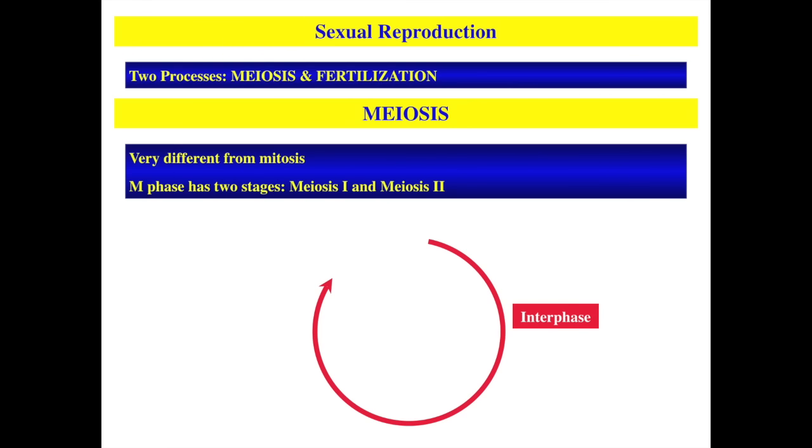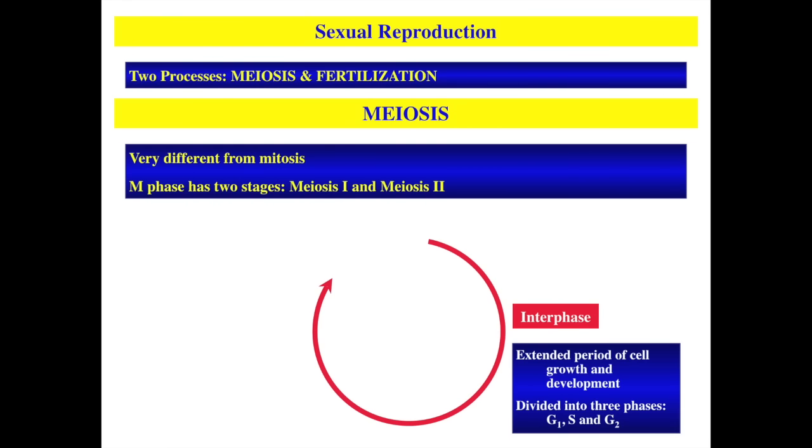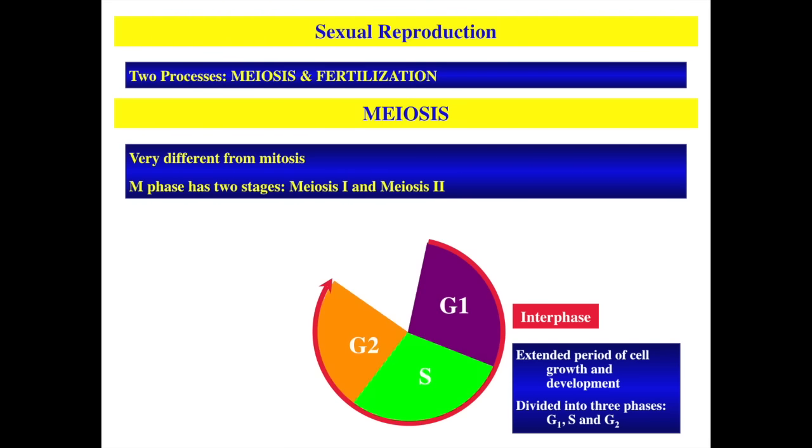The interphase is similar. You have an extended period of cell growth and development. It's divided into three phases: the first growth phase, the DNA synthesis phase, and the second growth phase. However, the dividing phase, this M phase, is different.